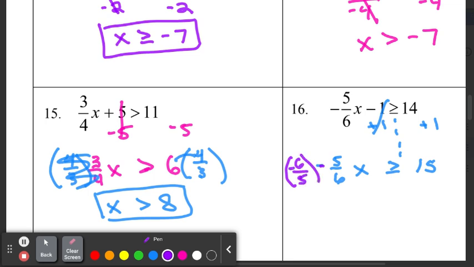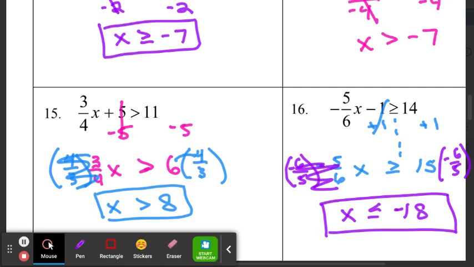Negative 6 over 5. You can also divide by negative 5/6. So that cancels out. We multiply by a negative number, so we have to flip the symbol. 15 times negative 6/5 is negative 18.